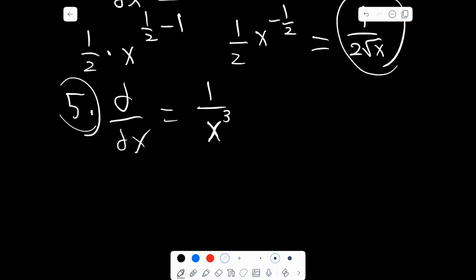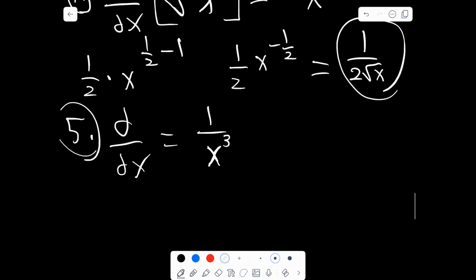What you do is just like the square root problem, we rewrite it in a way where we could easily use our formula. Well, 1 over x cubed could be rewritten as x to the negative 3, because whenever you bring anything from the denominator up to the numerator, it just makes the exponent negative.